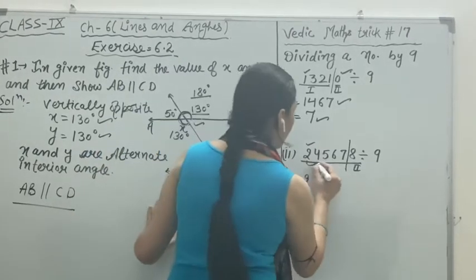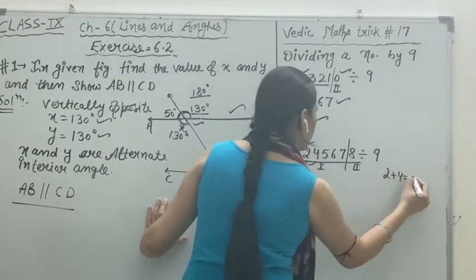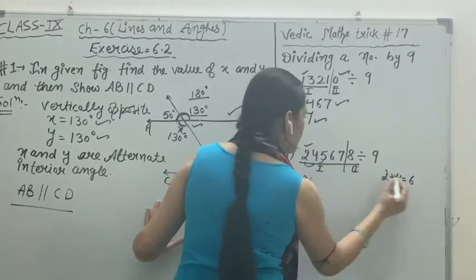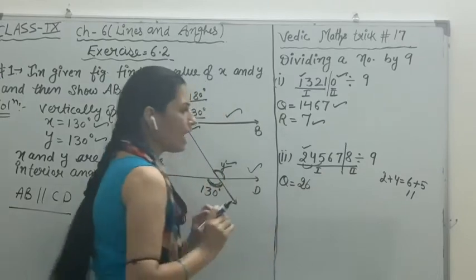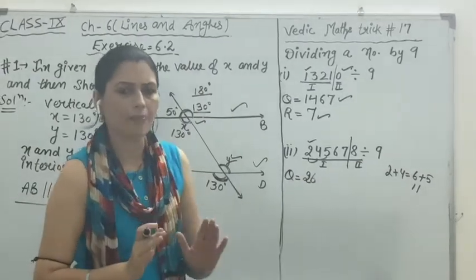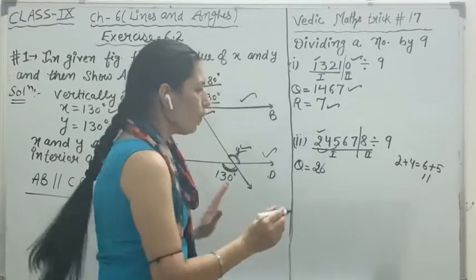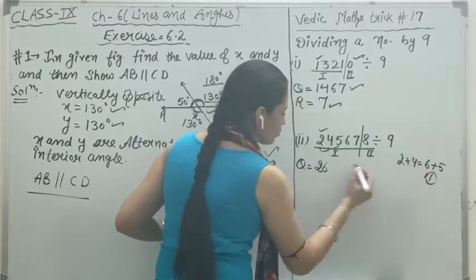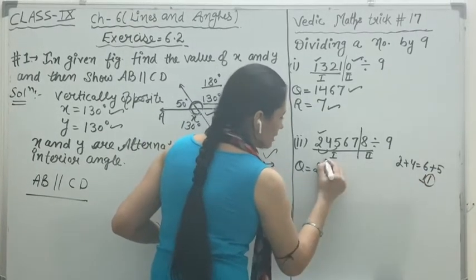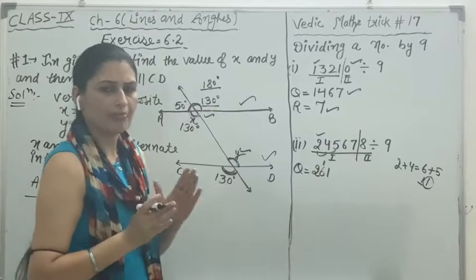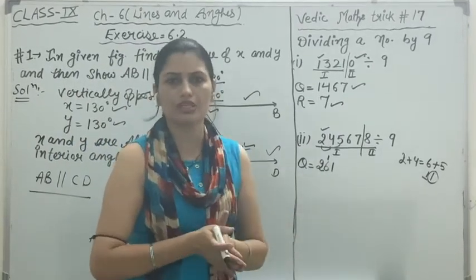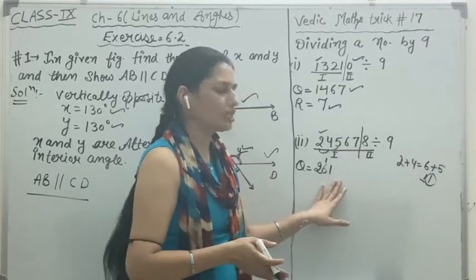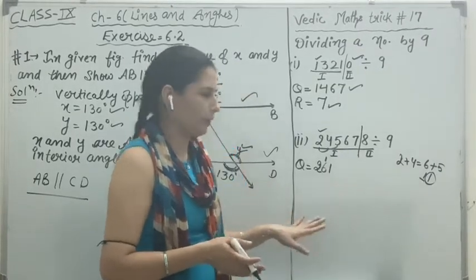Next, add 2 plus 4, that is 6. Next, add 5, that is 11. But here you have to remember: you don't write 11, you write only the last digit, that is 1, and the 1 we will carry. The digit in the tens place you use as a carry, and the digit in the ones place you write as it is.